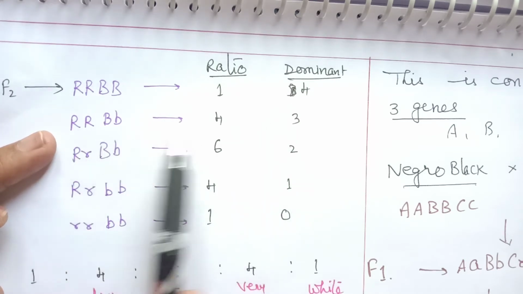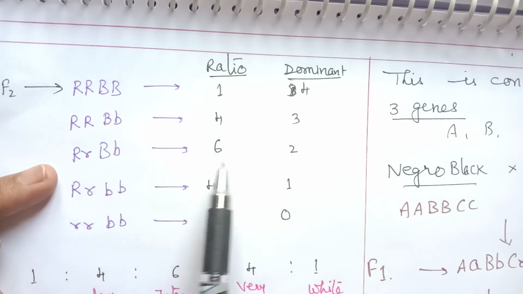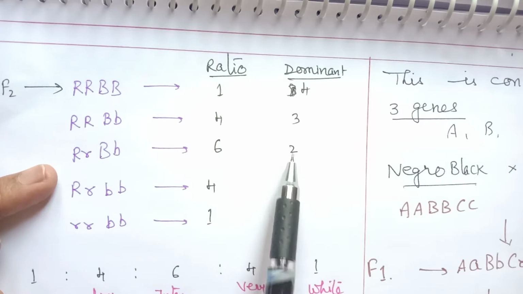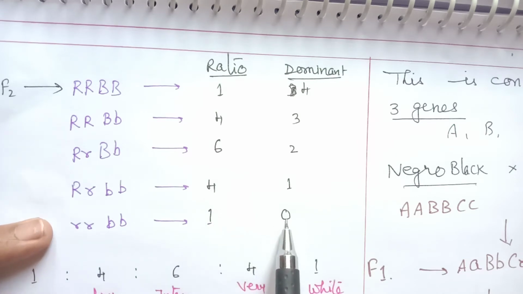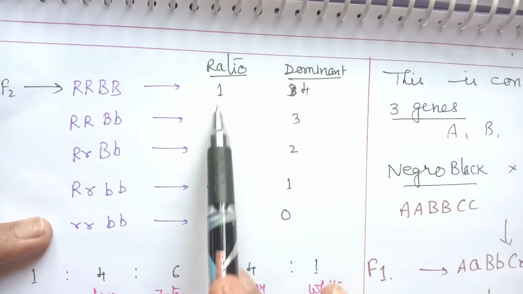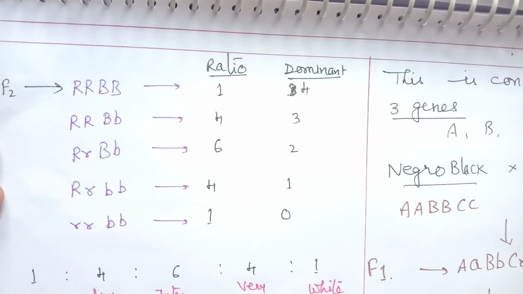Similarly, with 3 dominant alleles, 4 individuals are present. With 2 dominant alleles, 6 individuals are present. 1 dominant allele, 4 individuals are present. And 0 dominant alleles, no dominant allele at all, 1 is present. So altogether we will find a total of 16 individuals in the F2 generation, just like any other dihybrid cross.